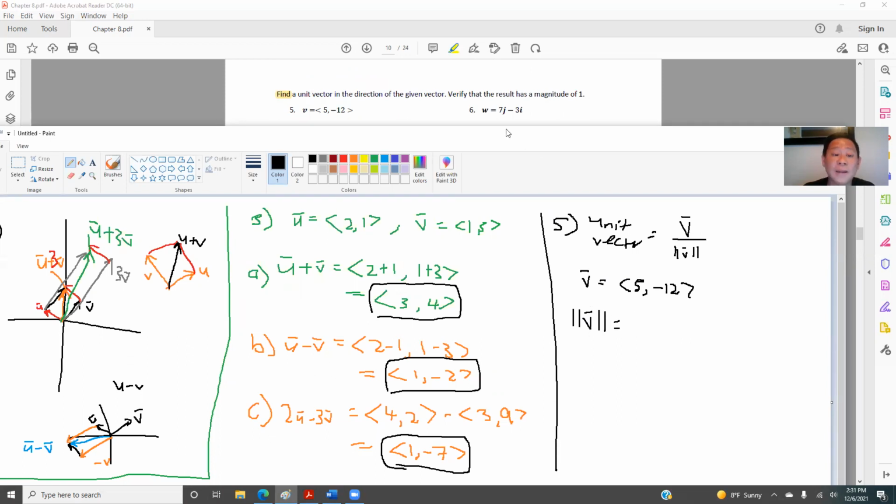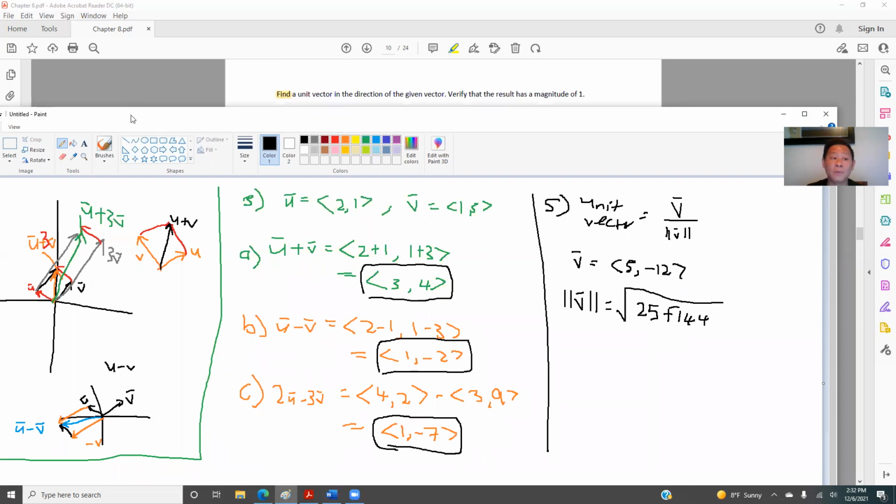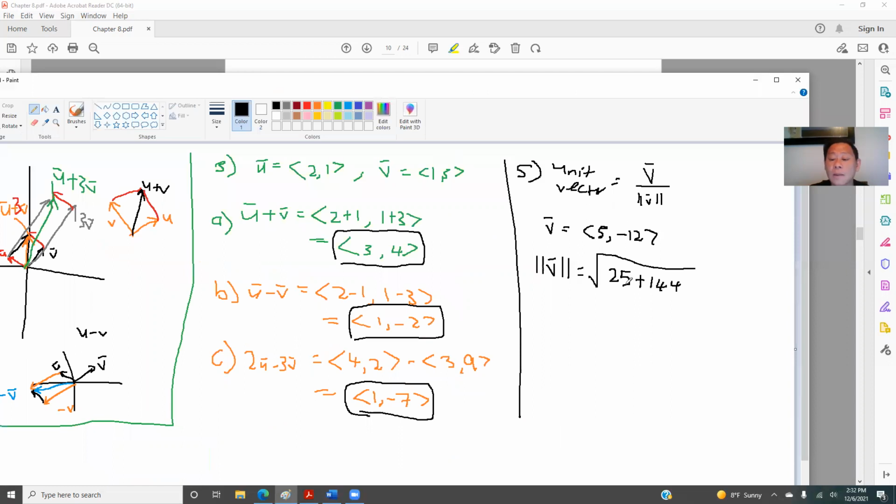In order for you to find the magnitude, you square the first one, which is 25, plus, always plus, you square the second one. Now, when you square a negative, it becomes positive. So this is 144. So do not put a negative 144 here. You will get it wrong, because every time you square a negative, it's always positive. This will give us square root of 169. If you take your calculator, root 169 is actually 13.